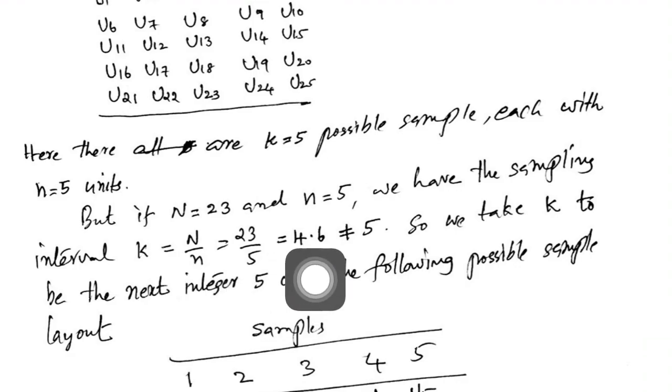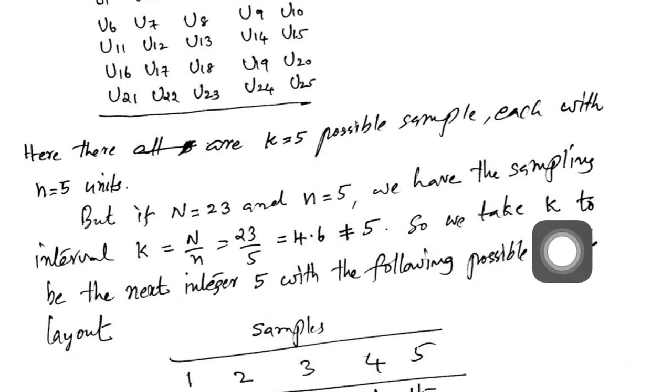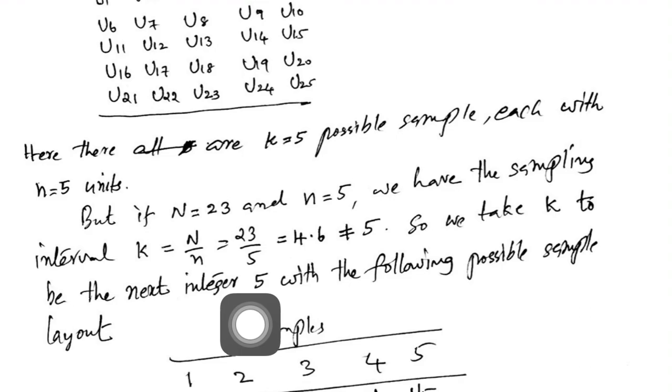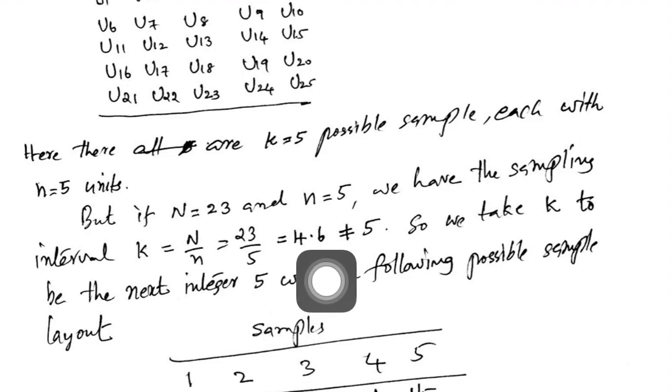That is, k is not an integer. So we take k to be the next integer, which is 5. That is a practical procedure you can adopt. You approximate 4.6 to 5. It is only an approximation, not exact.